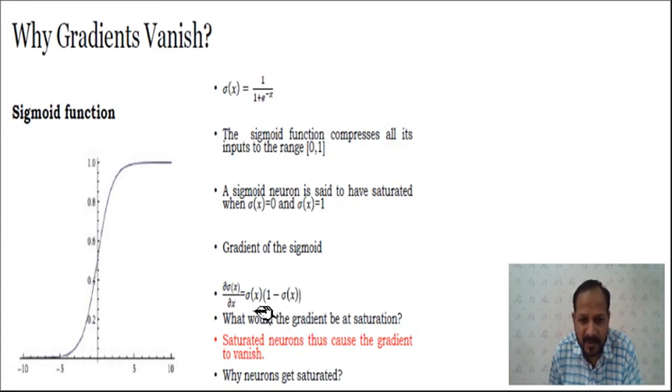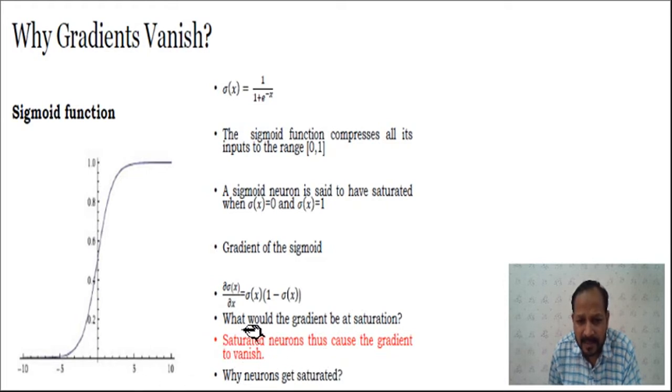So 0.4 into 0.6 is 0.24. So the gradient of this function will be 0.24 when the value of the function is 0.6. Similarly, you can calculate the gradient of this function at different values of the function. The function value is this one, and its derivative will be something different.